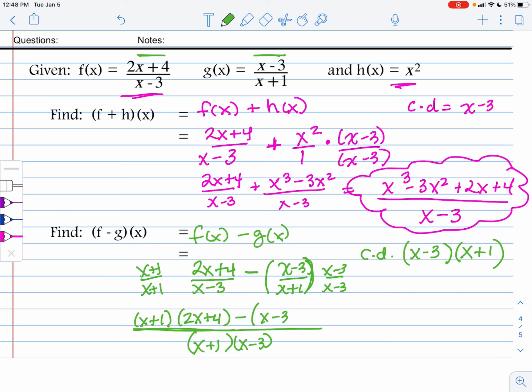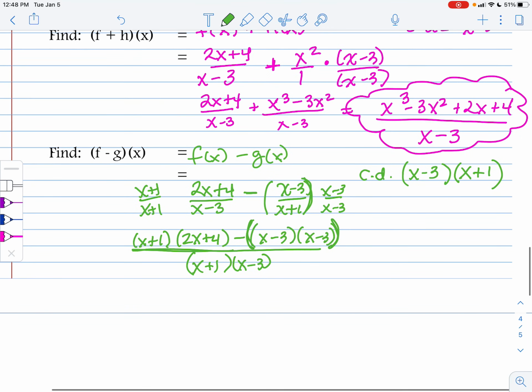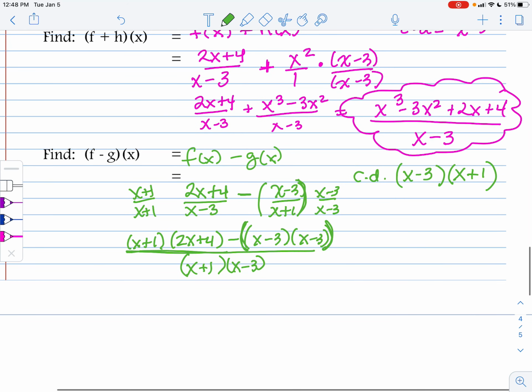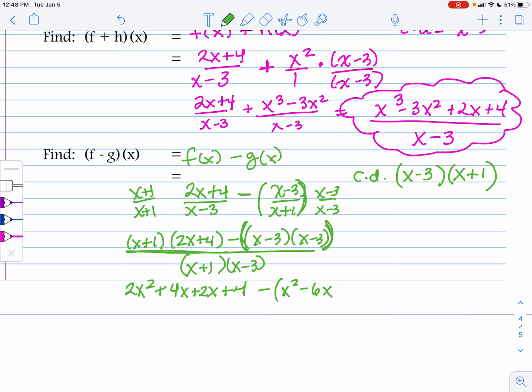Minus x minus 3 times x minus 3. So what do I have here? 2x squared plus 4x plus 2x plus 4, minus, I'm going to get x squared minus 6x plus 9 when I FOIL these.